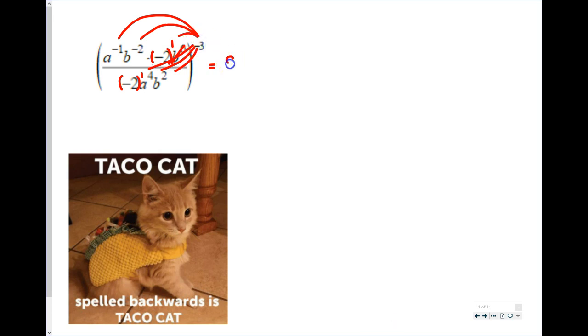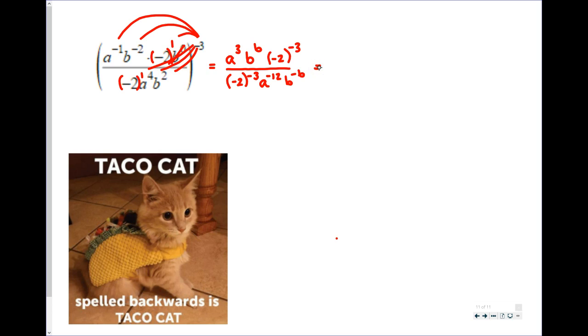Yeah. So I'm going to have a to the positive 3, because negative 3 times negative 1, b to the positive 6, and then negative 2 to the negative 3, and the 0 canceled out, so that's the top. On the bottom, I have negative 2 to the negative 3, I've got a to the negative 12, and I've got b to the negative 6.